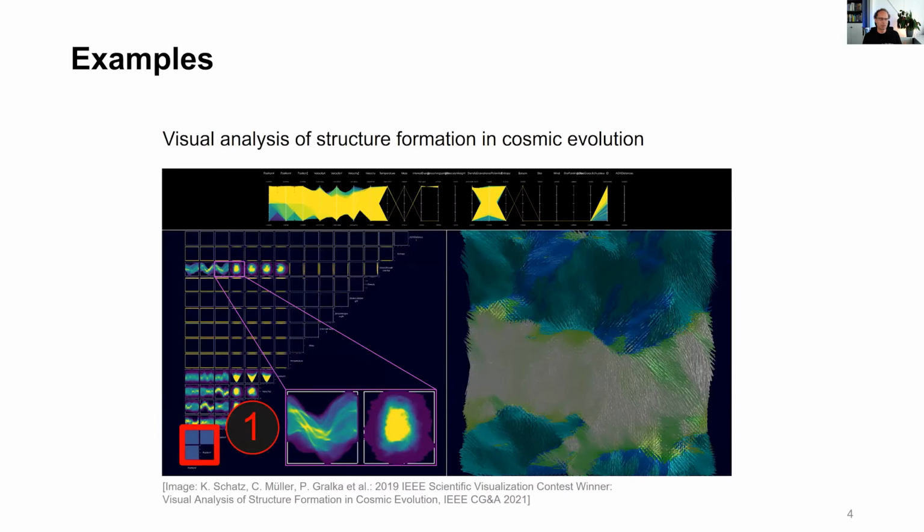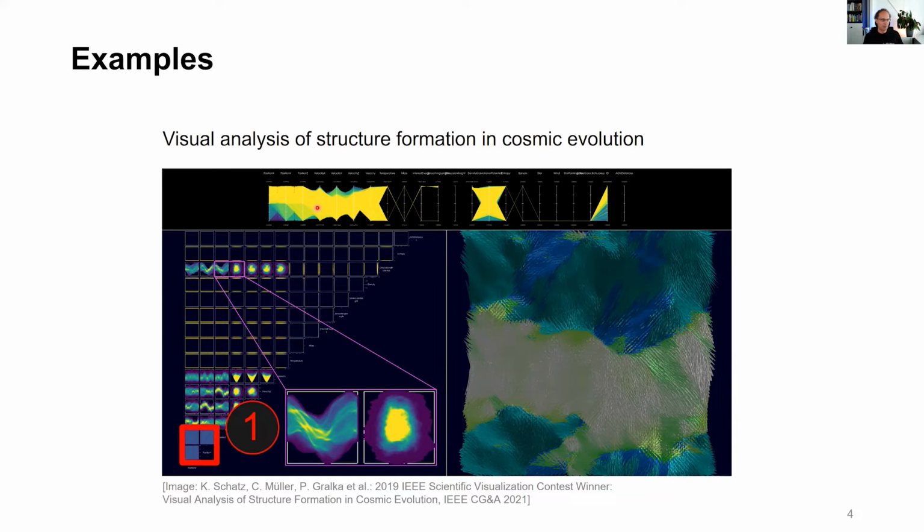Yet another example that comes a little bit more from the scientific visualization application area. And in particular, this example, it's from astrophysics. So the underlying data set is from the 2019 SciVis contest. And here we try to understand structure formation in cosmic evolution. And also here, the data set comes with several data attributes.